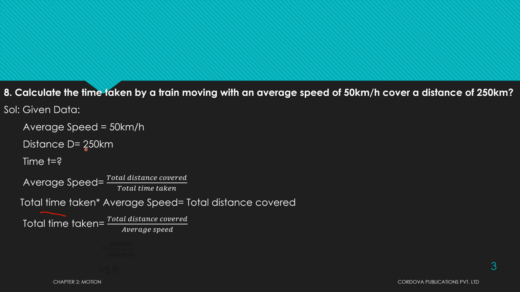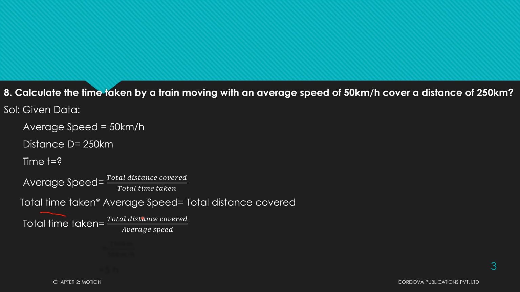Keep the distance in one place and just change the position of the total time taken, that is, total distance covered is equal to average speed into total time taken will be the formula. I hope you are able to understand, because it plays a major role. Just by remembering one formula, you can solve three kinds of problems. Right? Now just substitute the values over here.